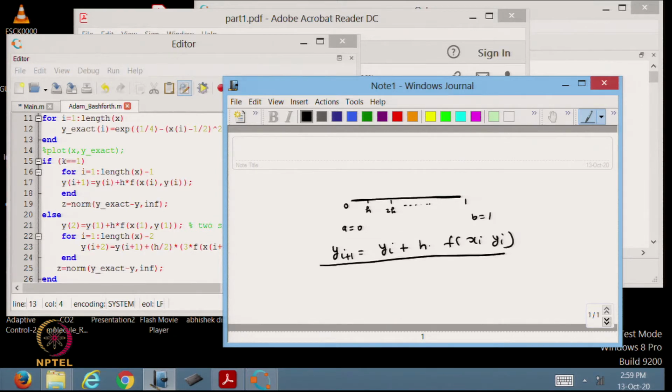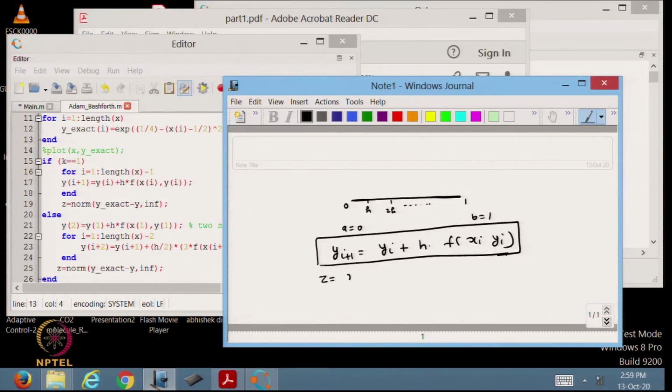So this is the algorithm of Euler's method which we already know. In this Adam-Bashforth.m file you can see how I have implemented these algorithms.